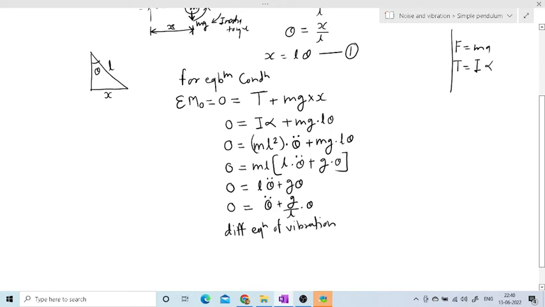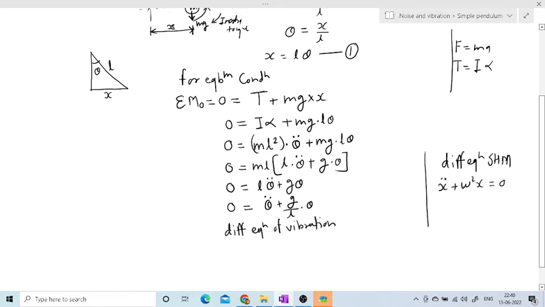Now this differential equation has to be compared with the differential equation of SHM, which we have seen in earlier lectures. It is x double dot plus omega square x is equal to 0.